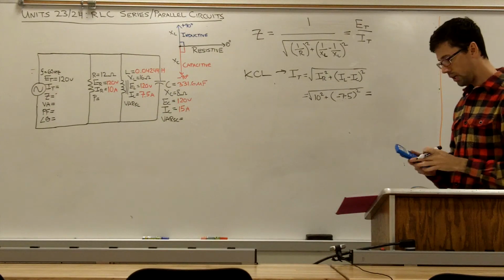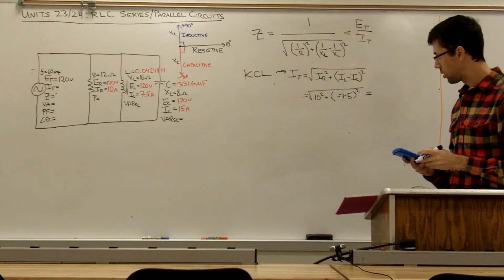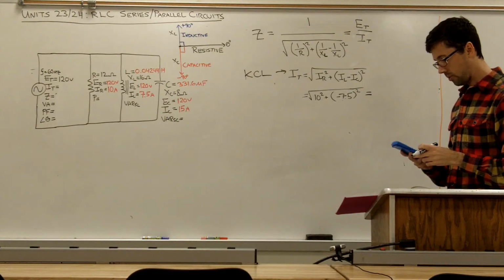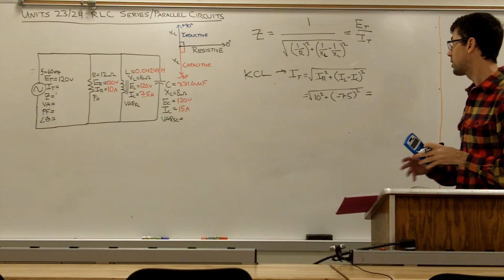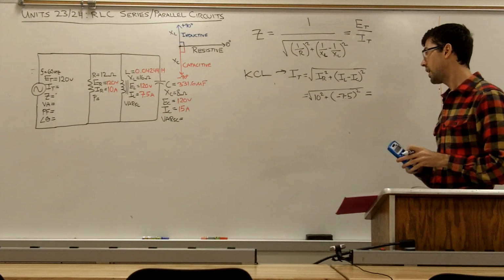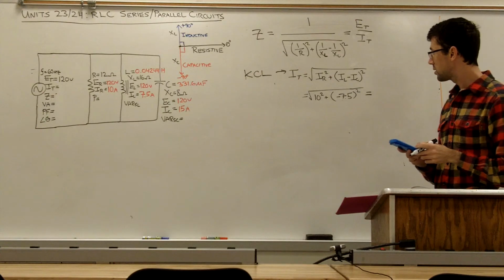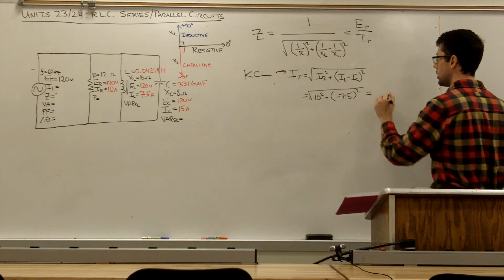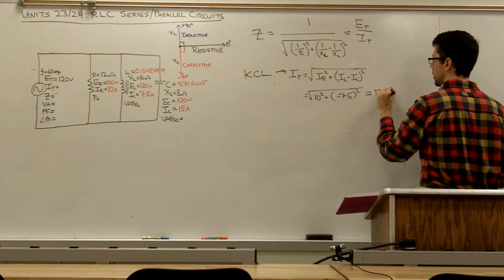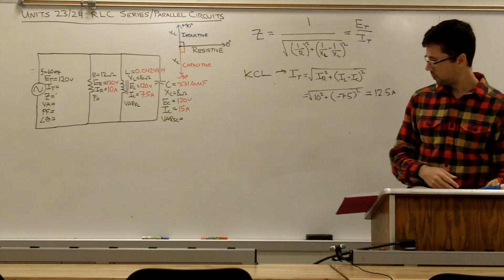Throw that in our calculator. I'm sure you guys can see by now why I had you guys practice Pythagorean theorem so many times. That's because it shows up so many times when doing circuit analysis in AC circuits. And so I get a total current of 12.5 amps.